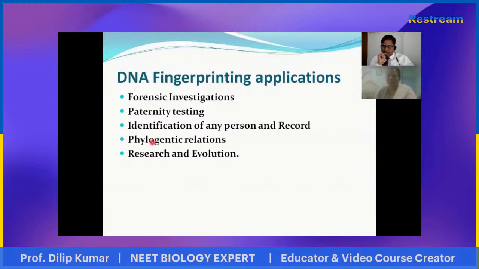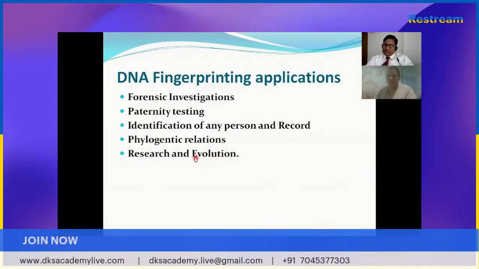Next one, last one, that is research and evolution. That has also become a subject. How does this research and evolution go? Because evolution is a slow process of development of organisms, and research is going on several times. Scientists take the decision to find out what is the ancestry of humans, what is the ancestry of the mammals, what is the ancestry of the birds.